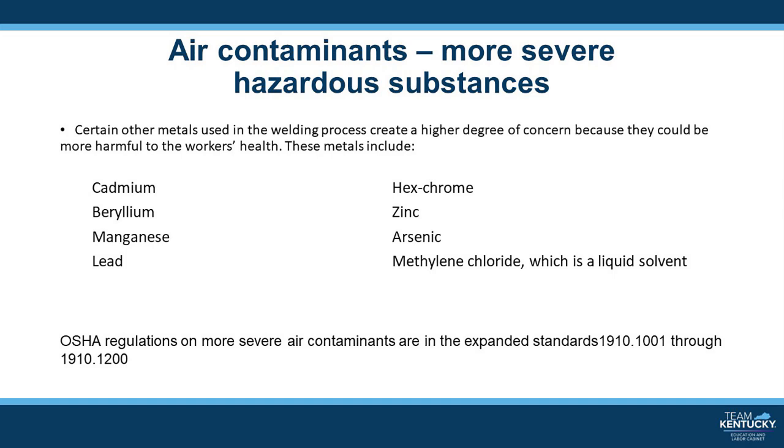These metals include cadmium, beryllium, manganese, lead, hexchrome, which is another term for hexavalent chromium, also zinc, and arsenic. Other chemical solvents used in welding could contain methylene chloride or other petroleum-based solvents.